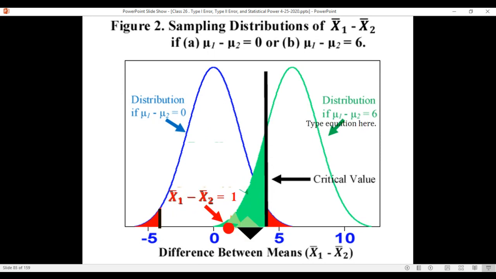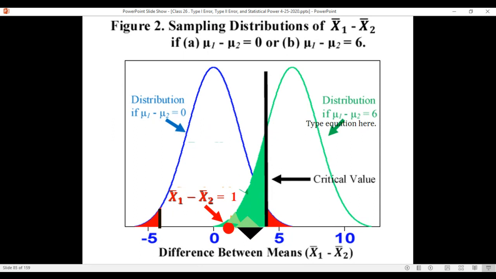Now, here's another paired sample where the difference between the sample means is only 1. This paired sample came from the true sampling distribution on the right. However, the difference between the sample means in this paired sample happens to be very small due to sampling error. And so this difference of 1 lies to the left of the critical value.